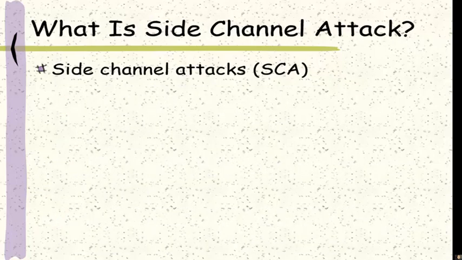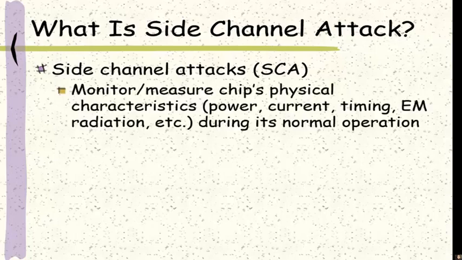Side channel attacks normally have two phases, a measuring phase and a data analysis phase. During the first phase, the attacker will monitor the system's physical characteristics when the system is running in normal mode.